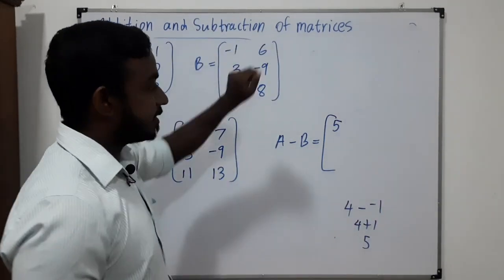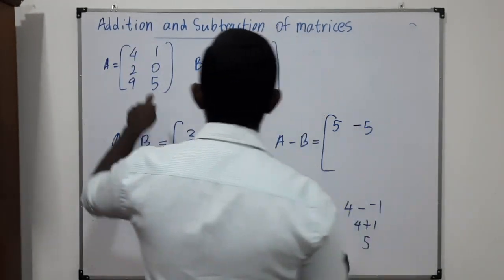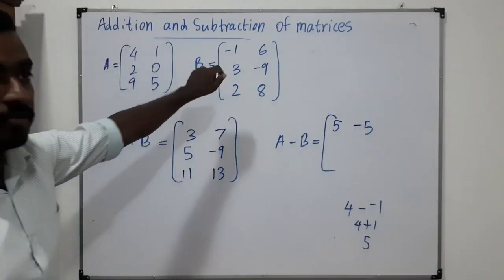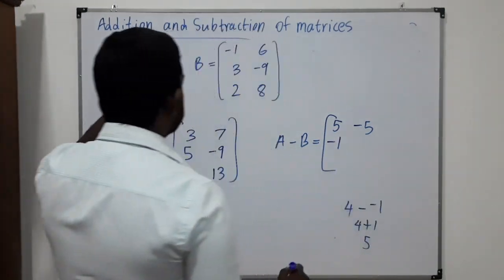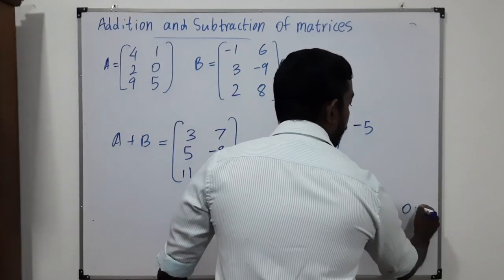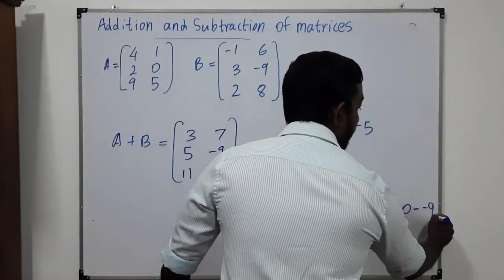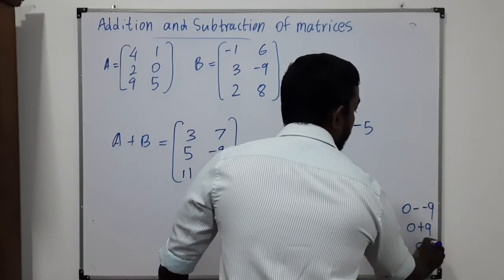1 minus 6 will be -5. 2 minus 3 will be -1. 0 minus -9 again, minus minus will be plus. 0 plus 9 will be 9.